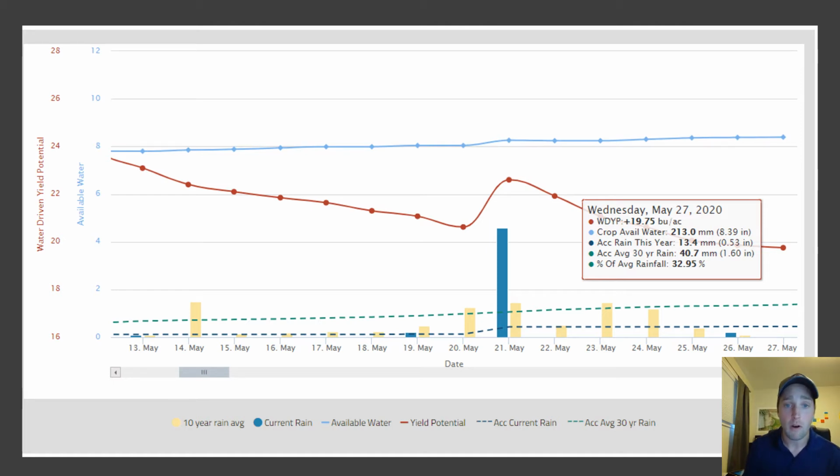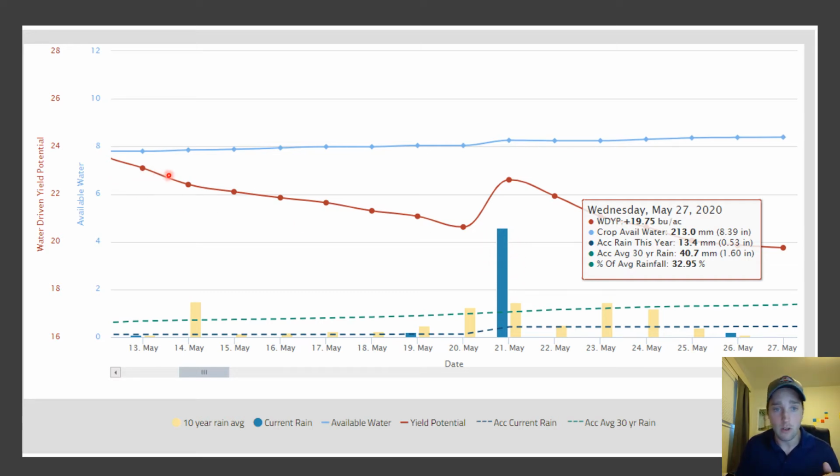So right now, this is probably the most widely used graph in the system. I'll get my little laser pointer out here. This red line is probably where we should start, and that is plotting water-driven yield potential each day. What we're looking at is how water-driven yield potential responds to this blue bar, which represents a rain event.